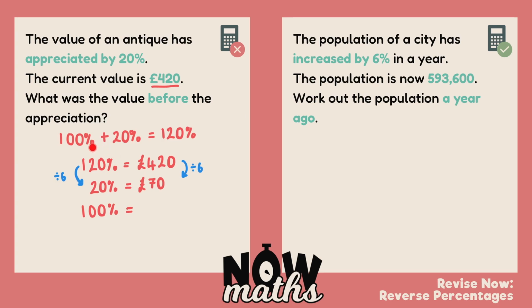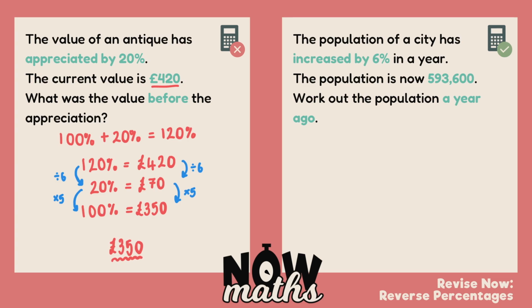Either we could subtract 20% from 120%, so we could subtract the values, or to get from 20% to 100%, 20% multiplied by 5 is 100%, so multiplying the value by 5, £70 multiplied by 5 is £350. And both methods there would give you the same answer, that the antique was originally worth £350.